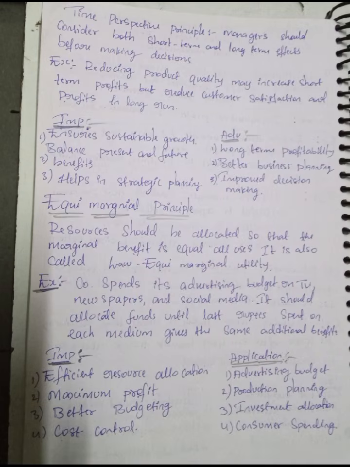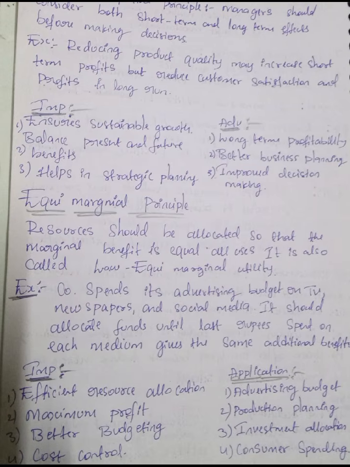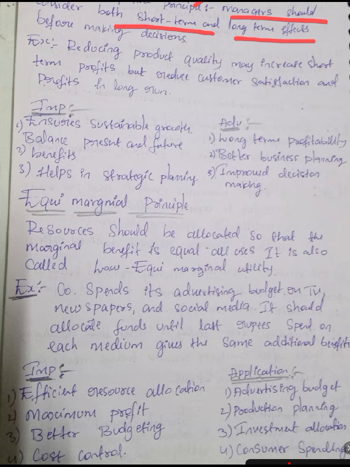Okay, now let's talk about the time perspective principle of managers. In the time perspective principle, managers should consider both short term and long term effects before making a decision.